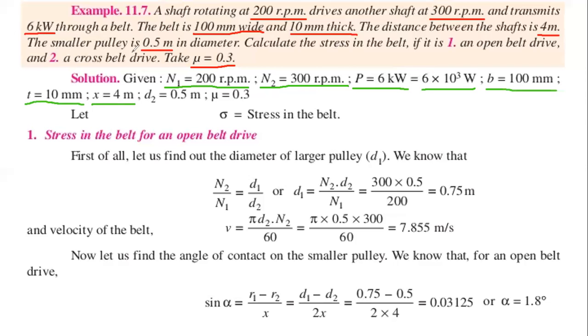Then the smaller pulley diameter is given as 0.5 meters. We take it as D2 because the larger pulley means the driving pulley and the smaller pulley means the driven pulley.